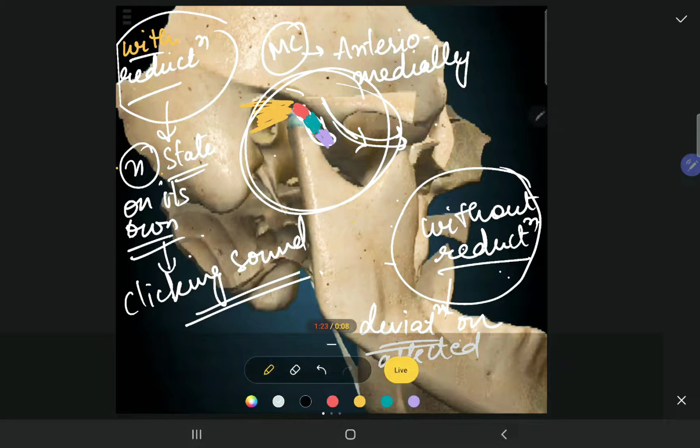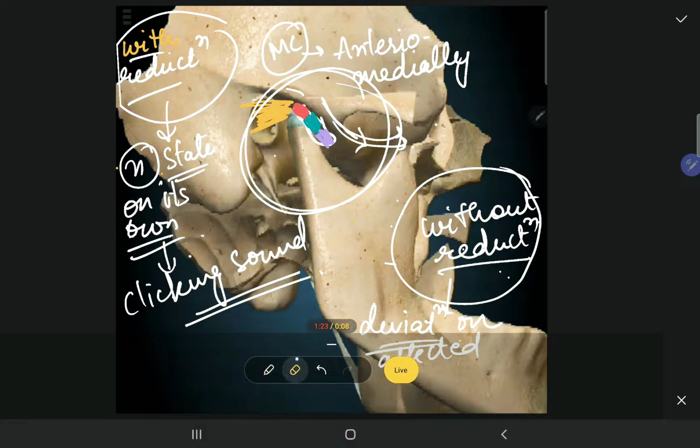Guys, this disc displacement can be anterior or posterior, but the anterior disc displacement is the most common one which we see. And in the anterior disc displacement, there can be with reduction. That means the disc goes anteriorly but it is following back to its original position. So that is with reduction. Without reduction is when it is not coming back to its original position, when the disc is locked. So there is a limited range of motion. So this is the disc displacement.